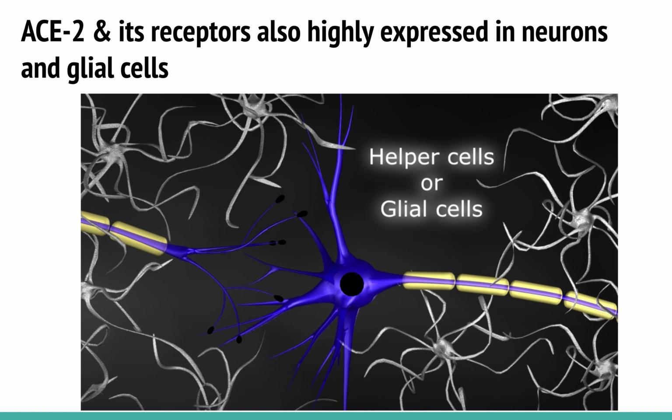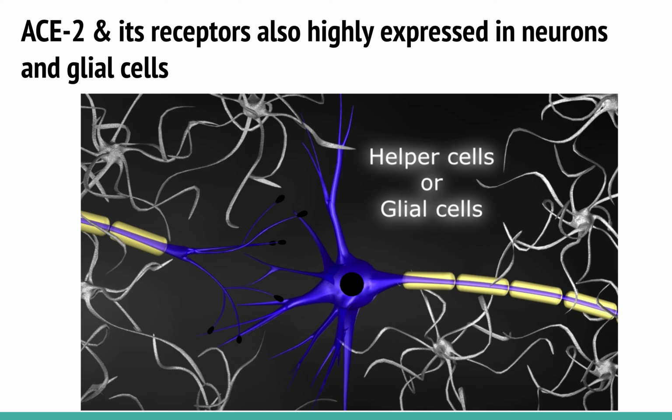Another thing you may not realize is ACE2 and its receptors are actually found within neurons and glial cells in your nervous system. So why is that important? Well, for example, because it's an aerosol or respiratory illness, the virus spreads through the air, which means it is likely to come into contact with parts of your body that breathe it in.